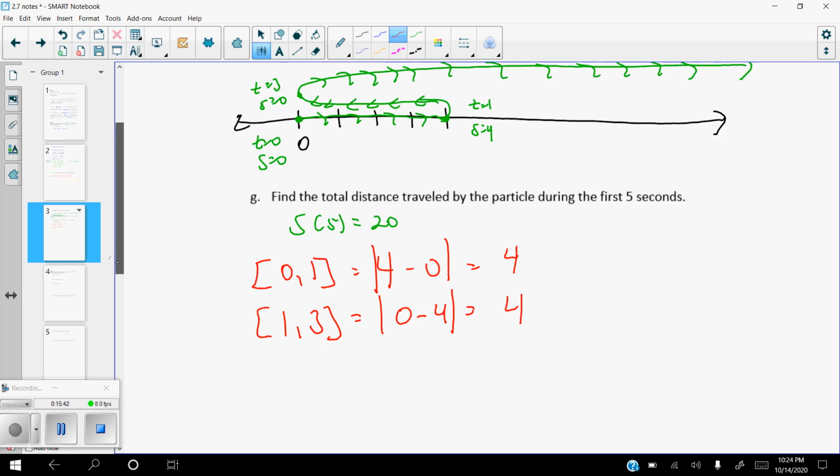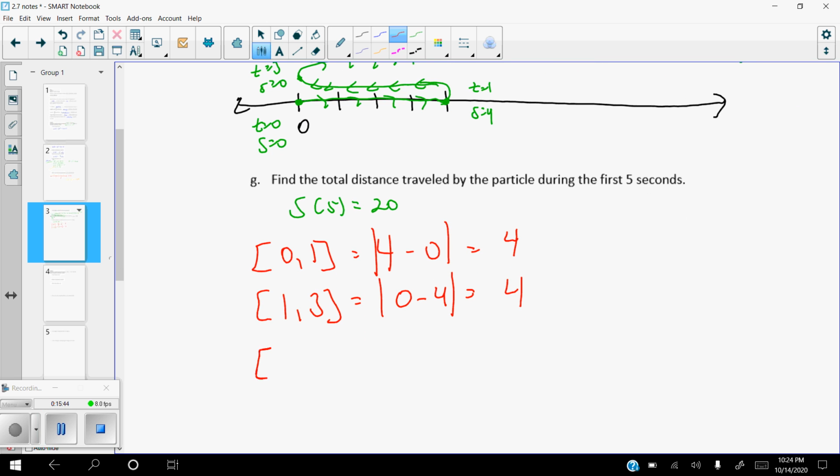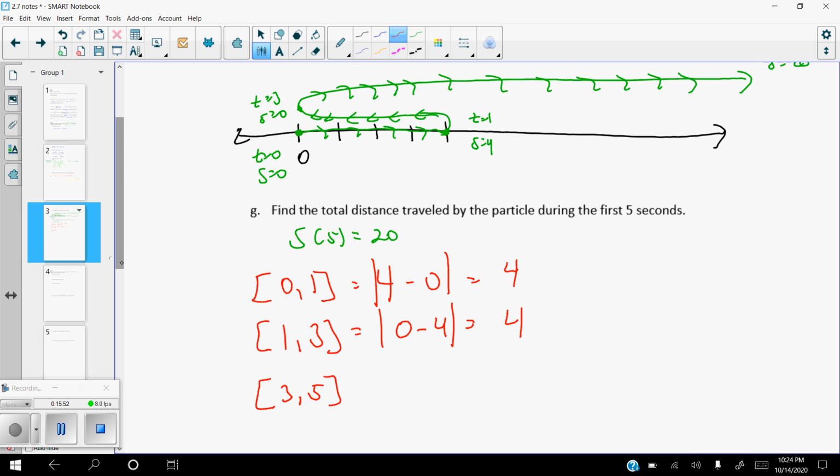And then the last thing we need to do is figure out the total distance that it traveled from 3 to 5 seconds, because it's heading to the right now forever. But we are only interested up until it gets to 5. So what was the position at 5 seconds? It was 20. What was the position at time 3? It was 0.